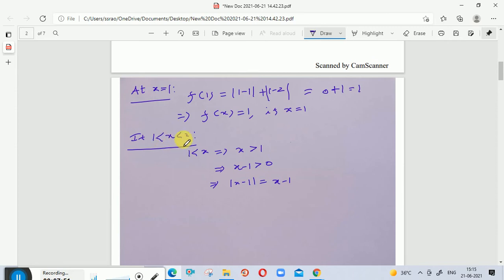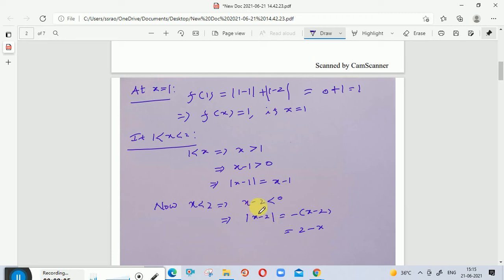Now take x is less than 2. X is less than 2 implies x minus 2 is less than 0, implies modulus of x minus 2 is equal to minus of x minus 2, that is equal to 2 minus x.